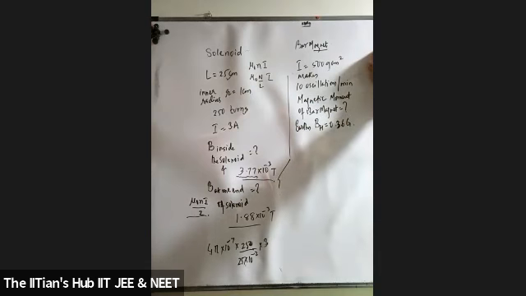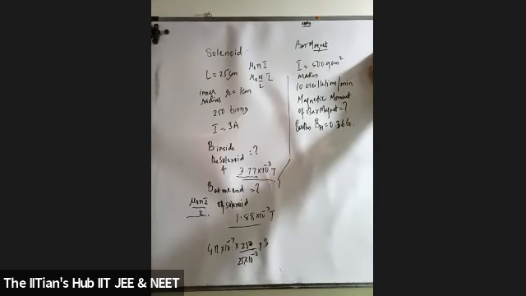Can I get the answer for this one, bar magnet? Anybody? Students, anybody can tell me what's the formula for moment of inertia for a bar magnet? Rotational dynamics. Aman, answer.